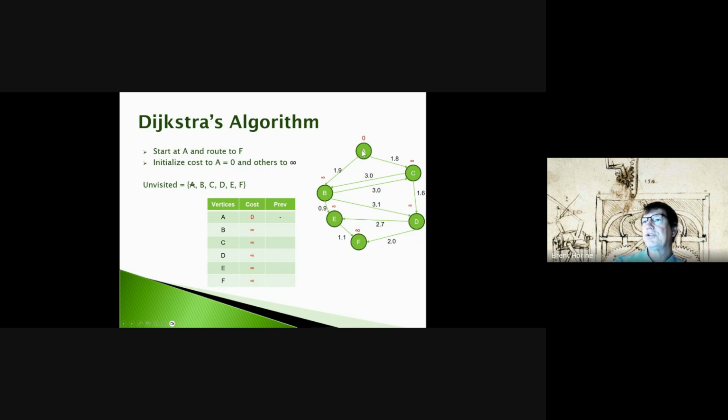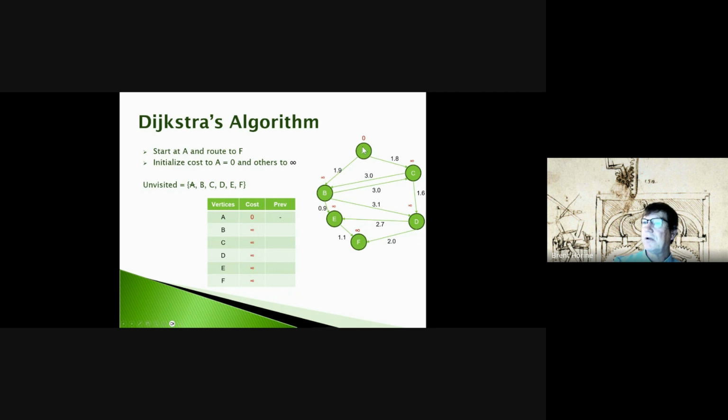We're going to initialize the cost of A to 0, and the cost to get to all of these other nodes to be infinity. I've got these costs to get to these nodes as infinity, and we're going to build this little table of these vertices, and we're going to maintain this unvisited set. Instead of having an unvisited and a visited set, I'm just going to strike through the nodes that we have visited, so we're taking them out of the unvisited set.